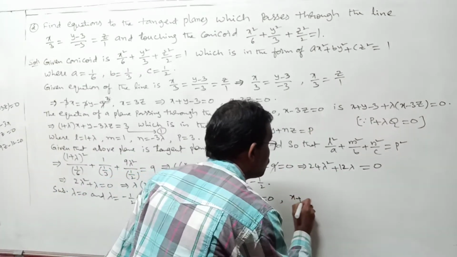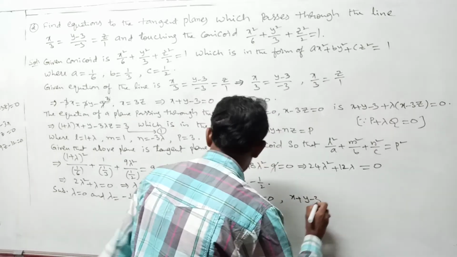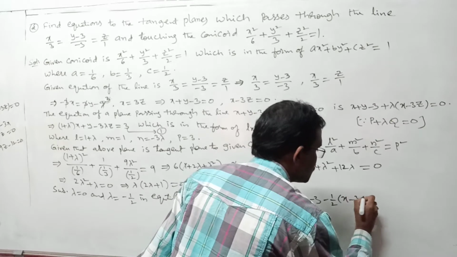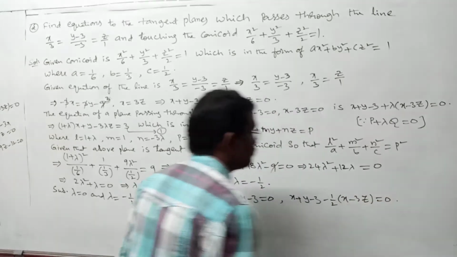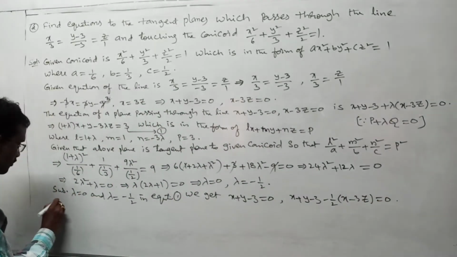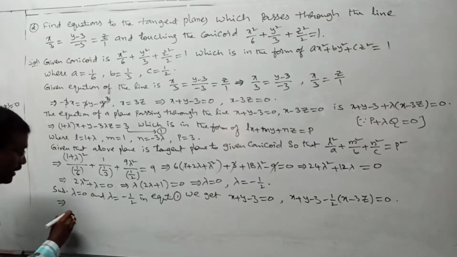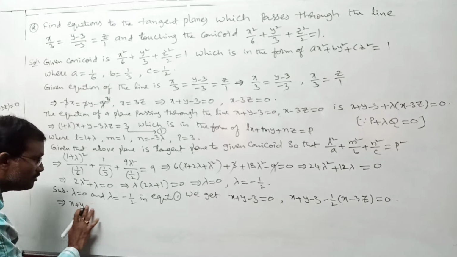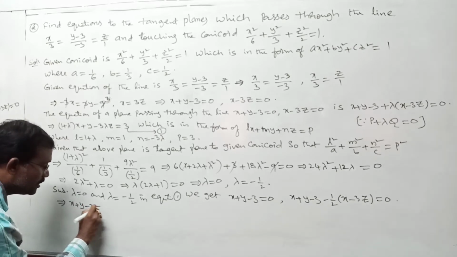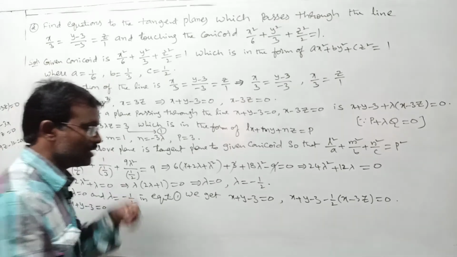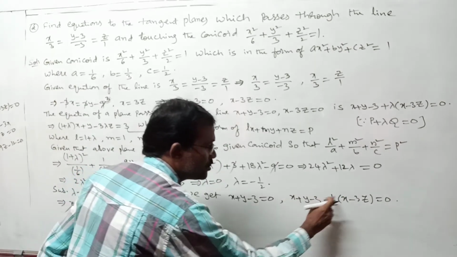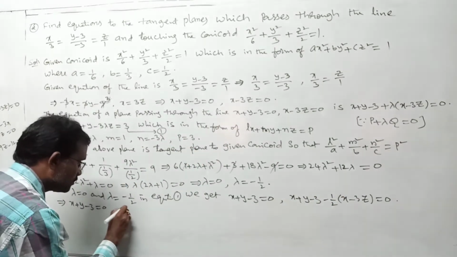X plus y minus 3. Now lambda is minus 1 by 2 into x minus 3z is equal to 0. Let us simplify this. First plane is x plus y minus 3 equal to 0. The other one, multiply with 2 because I want to cancel this denominator 2. 2x minus x is x.